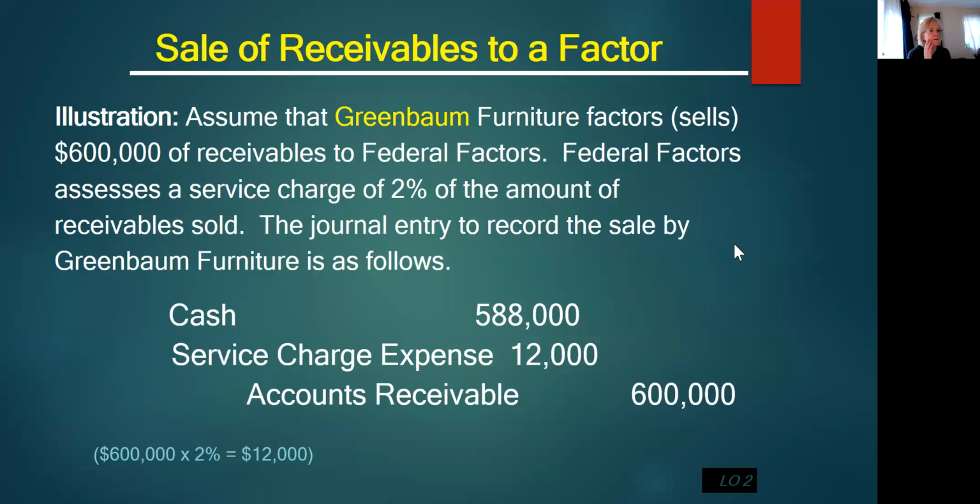So let's say you have a balance sheet and you have, I don't know, cash of $30,000, accounts receivable of $600,000, inventory of $300,000, and other items on your balance sheet. And you've got to meet payroll in a few weeks. You've got to pay your employees in a few weeks, but you don't have the cash to do it.